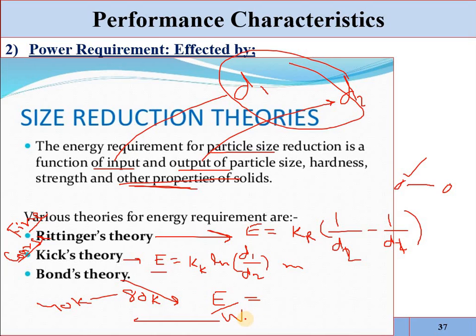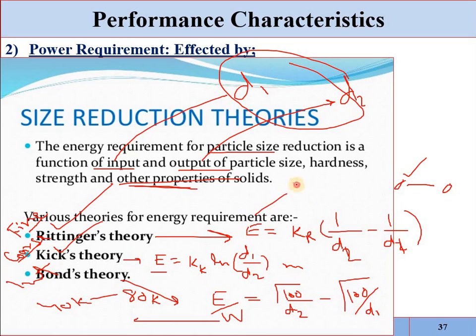So the energy per Bond work index is equal to the square root of 100 divided by d2 minus the square root of 100 divided by d1. So this is the Bond law. These are the three laws used for fine, coarse or intermediate reduced product, for the energy requirement.